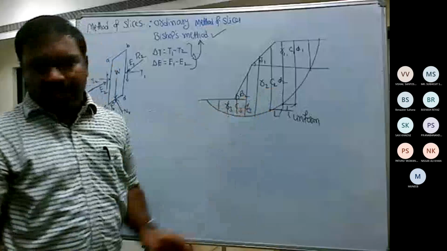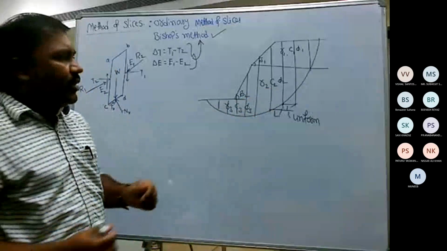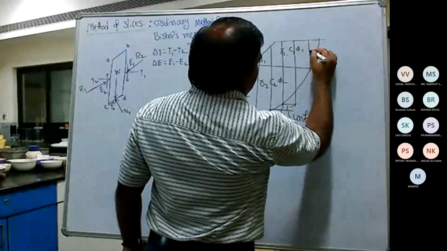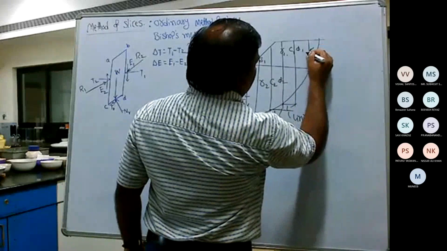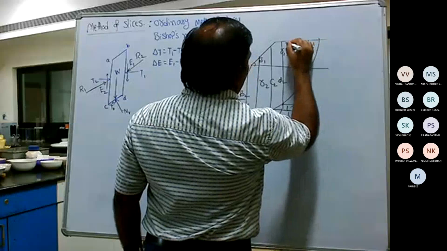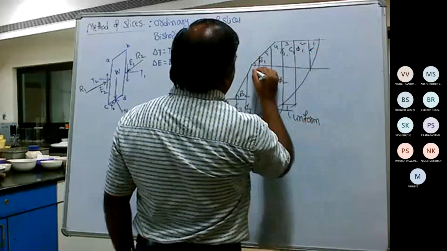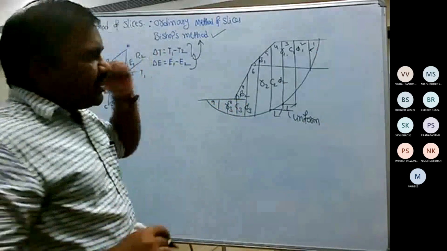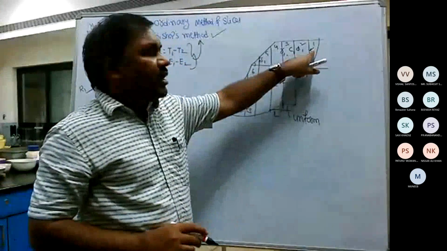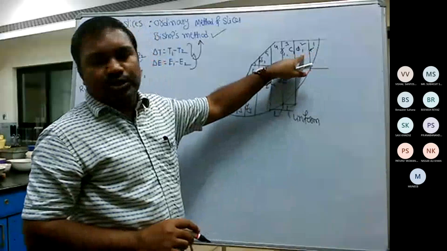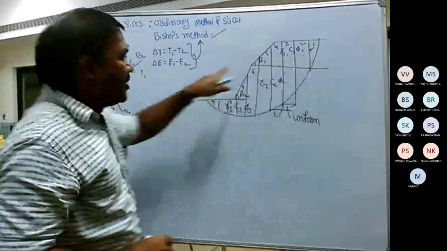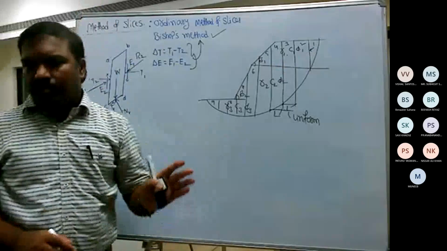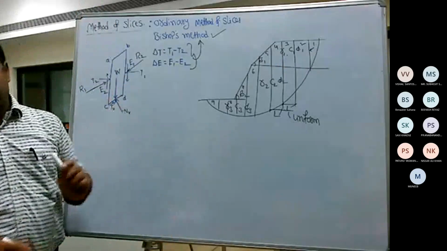If you take two slices and draw the free body diagram, the interaction of one on the adjacent one, say slice 1 with slice 2, is derived in the form of the normal force and the tangential force on the face of the slice.